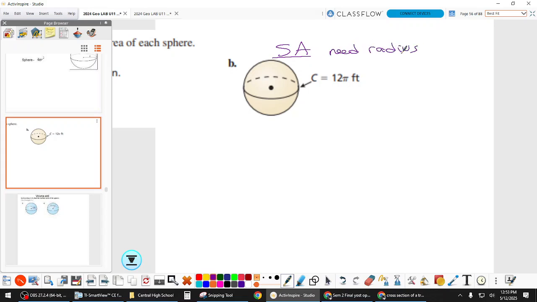So how do we get radius from a circumference? Any thoughts? Okay, why don't we put this one in your notes as an example?